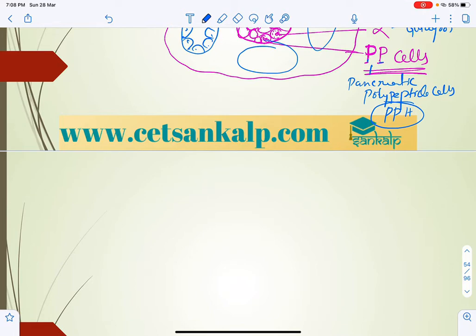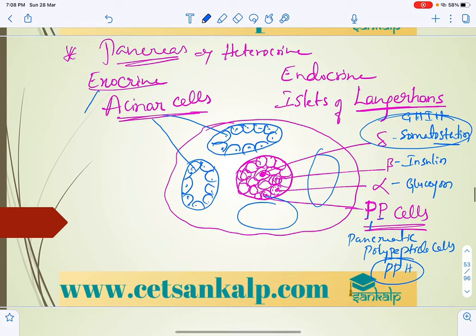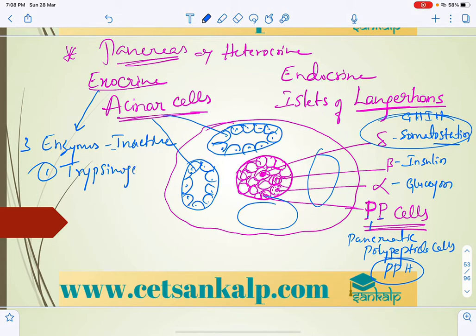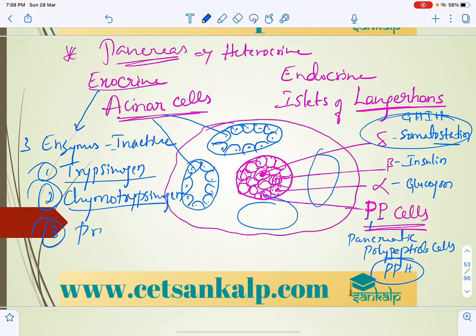A very important thing. The pancreas produces three major inactive enzymes: one is trypsinogen, the second is chymotrypsinogen, and the third is procarboxypeptidase.